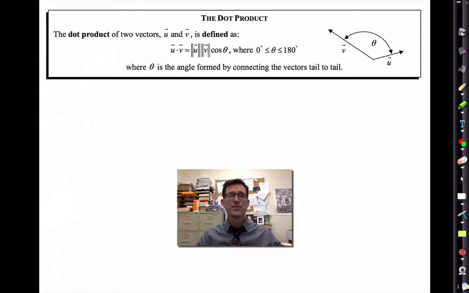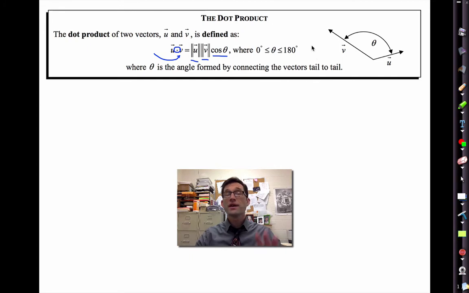So here we go. The dot product of two vectors, u and v, which is symbolized, no great surprise, by a little dot, not an x, is simply defined as the magnitude of u times the magnitude of v times the cosine of the angle in between them, where that angle is between 0 and 180 inclusive.